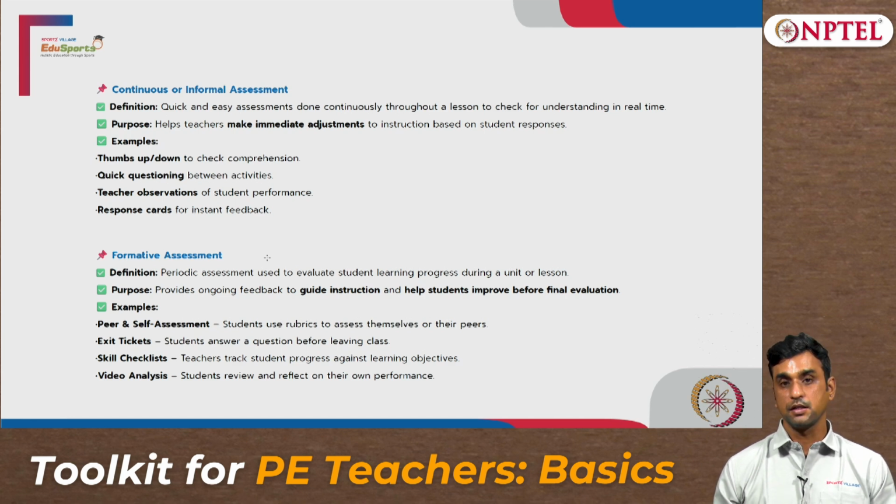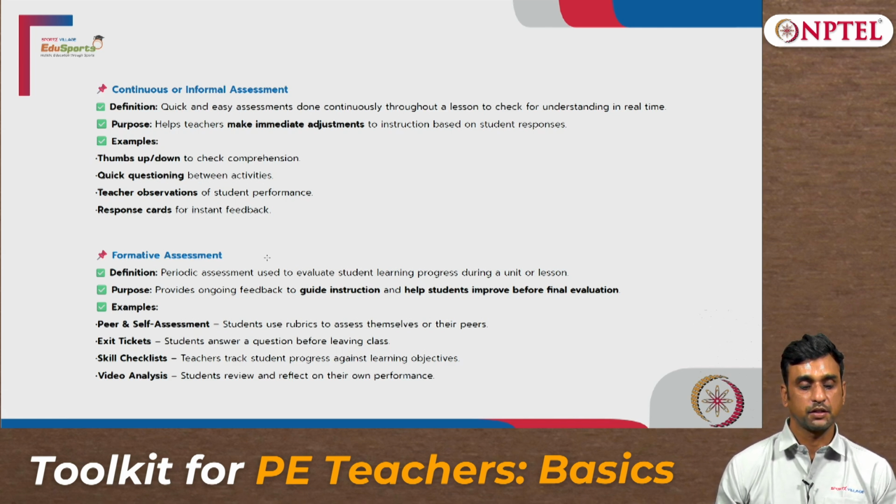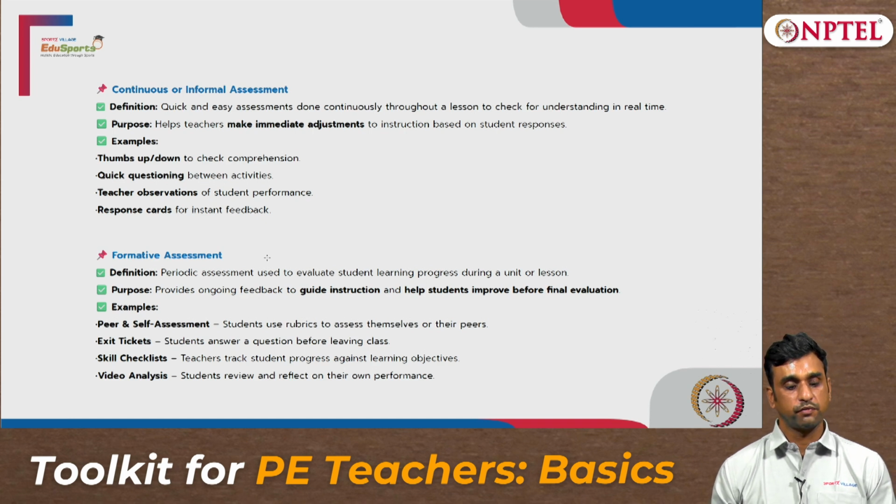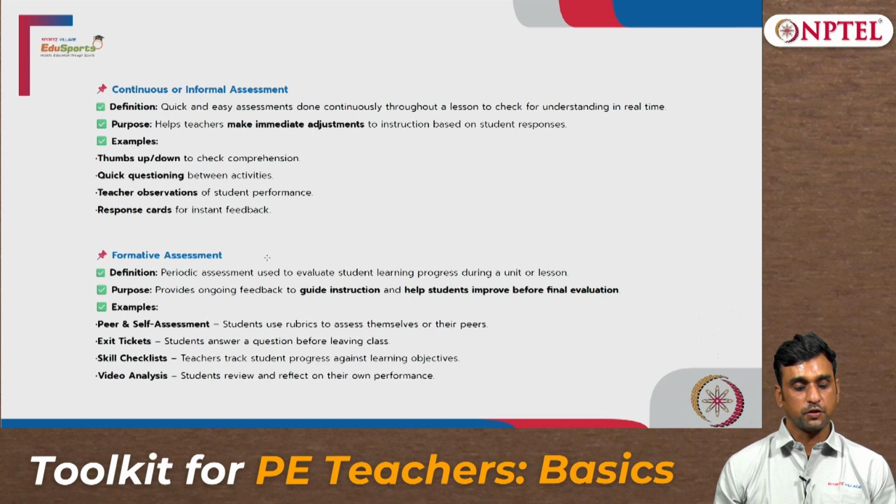There are certain skill checklists that you can put up in your PE space, and students can also track progress against these learning objectives. Lastly, if facilities allow and you have budget for video, then you can also use video analysis. Extremely useful for students to review and reflect on their own performance. This is especially useful in the context of sports specific training.